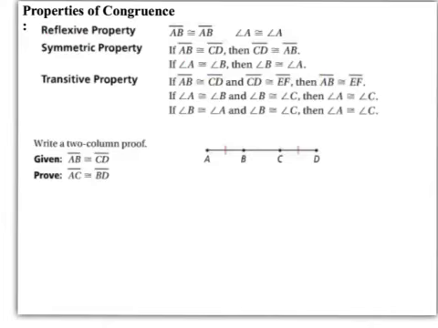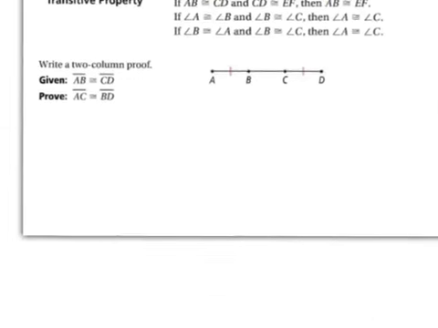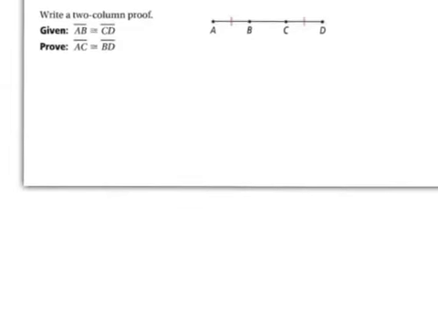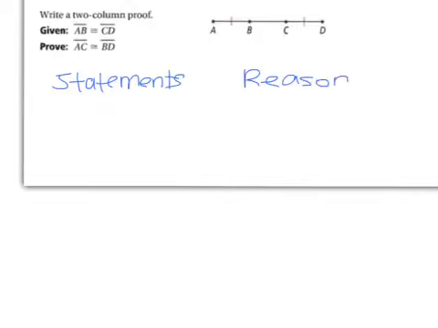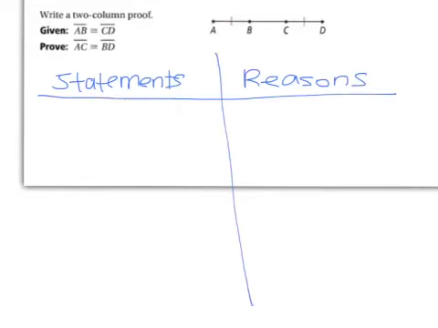So we're going to write a 2-column proof. In order to do that, we need a statements and a reasons column. Now it tells us the given statement is that AB is congruent to CD, which we can see is already marked off in the picture.